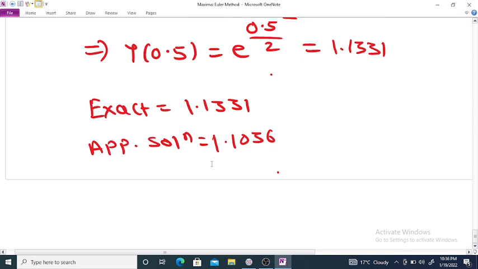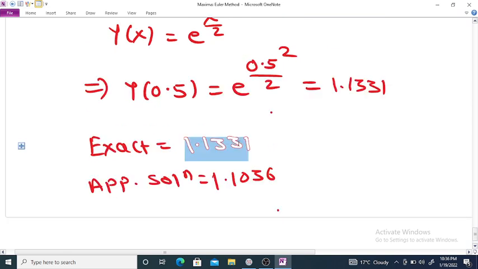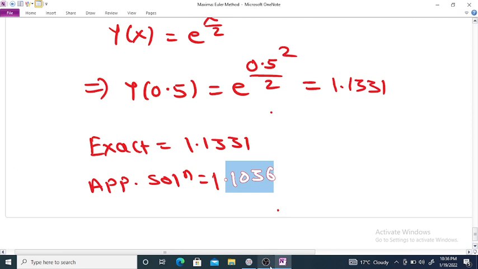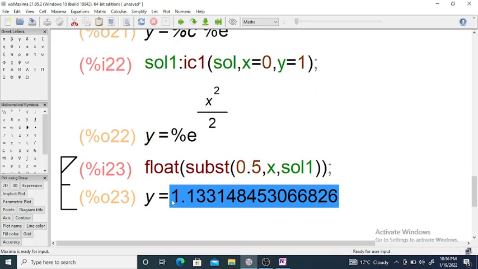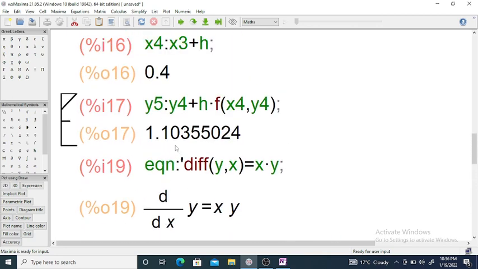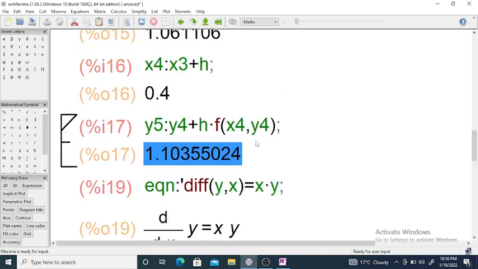This is the exact answer, and the other is an approximate answer. In Maxima we obtain the exact answer by using the inbuilt function, and the approximate answer we obtained by using the Euler method. So hope you understood this.